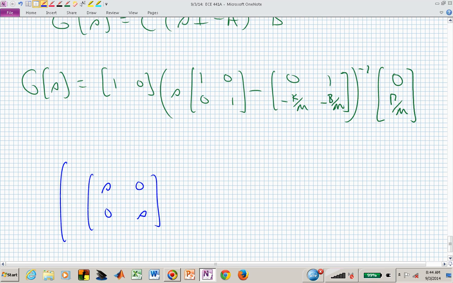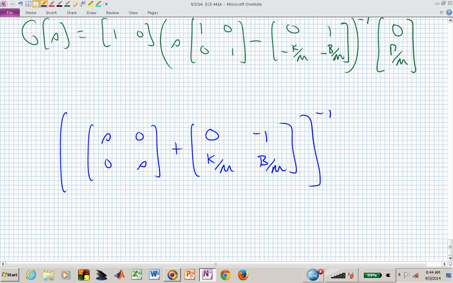There's sI. And now I'm going to move that minus sign into the A matrix. And I now have 0, minus 1, K over M, and B over M. And I want to invert that. I'm just going to do this on the side. As an aside, I want to compute that 2 by 2 matrix inversion symbolically.